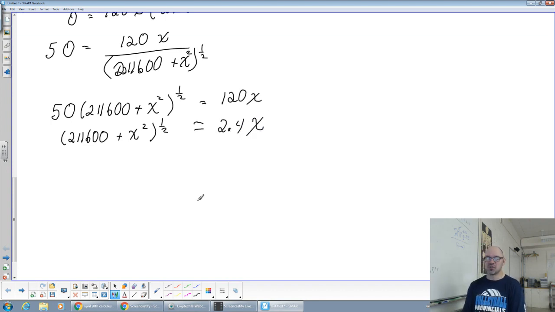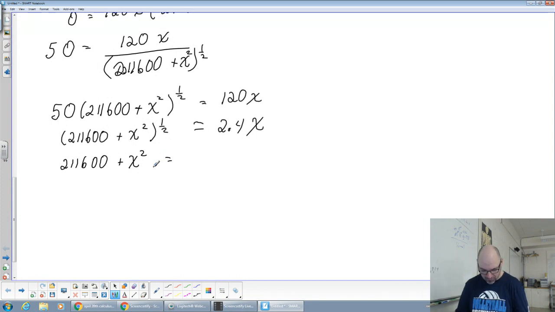Okay, so now we can square both sides to eliminate the root sign here. The square of this side is going to keep the same number because the root sign just disappears. Okay, 2.4x squared.